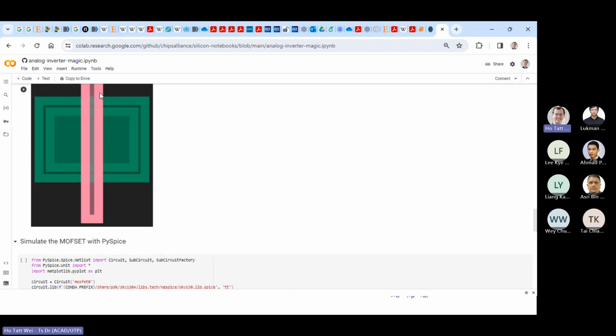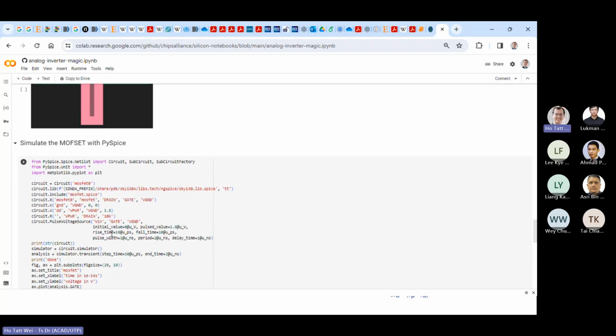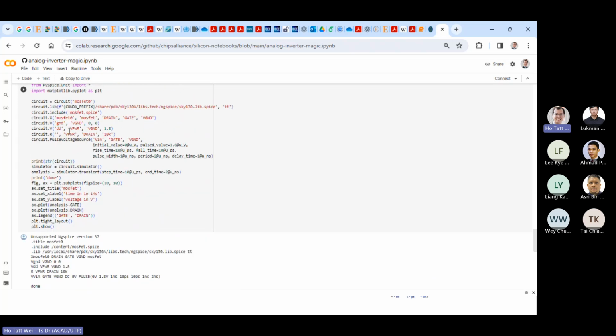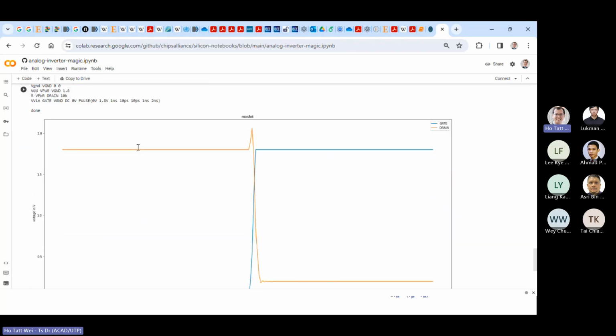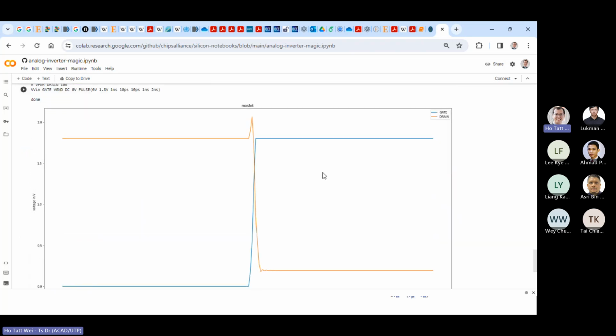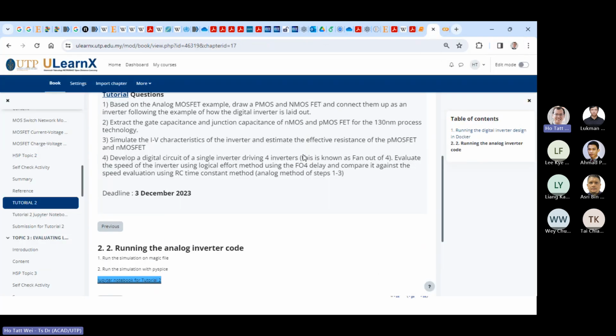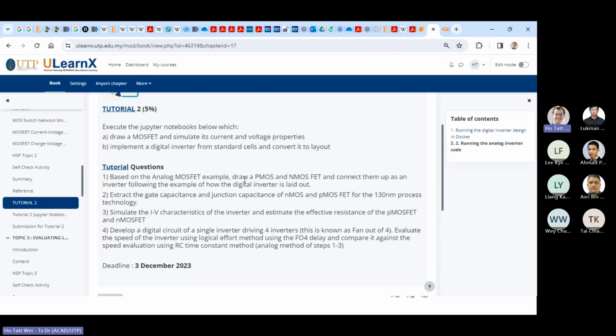You start from a drawing and then you simulate the performance of it in a circuit. So you can actually go study this. This is actually a simple circuit, how to draw it. It's actually looking at the switching property of the MOSFET here. Okay, single MOSFET.